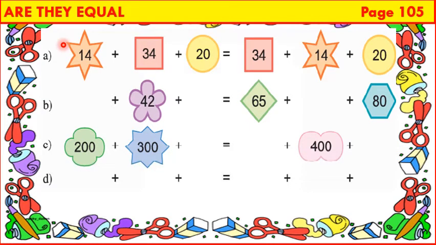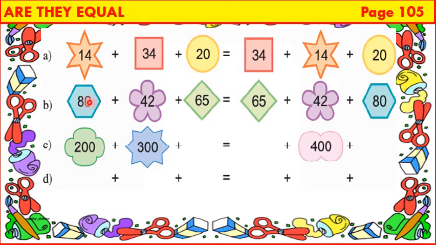Now we will consider some examples based on this concept. 14 plus 34 plus 20. The answer obtained will be the same as 34 plus 14 plus 20. The answer of 80 plus 42 plus 65 will be the same as 65 plus 42 plus 80.